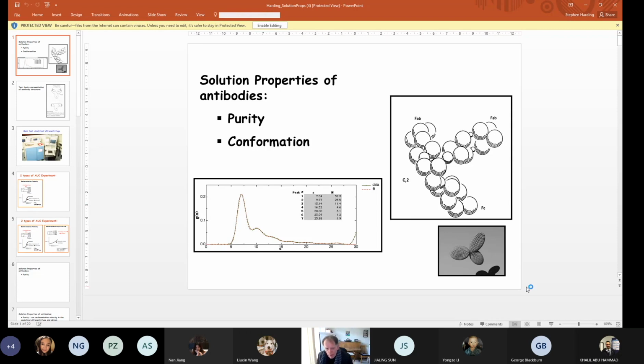And how we represent the conformations of antibodies in solution.